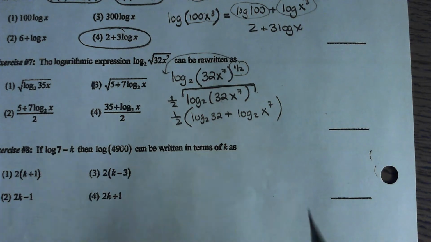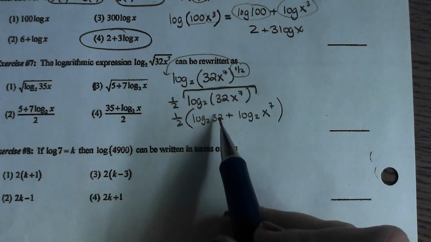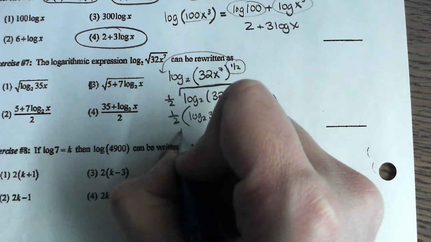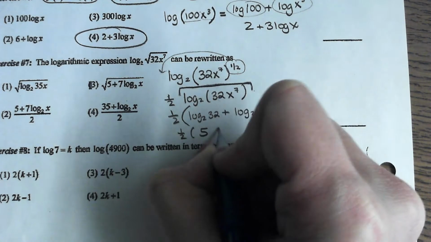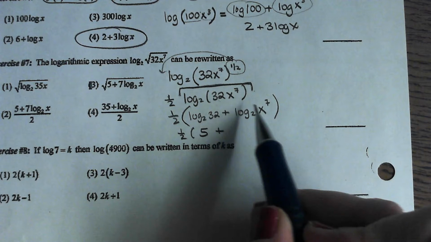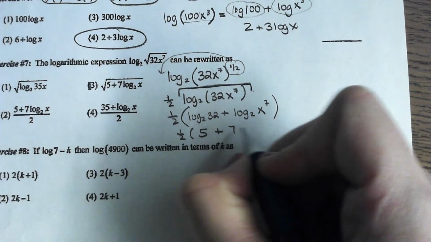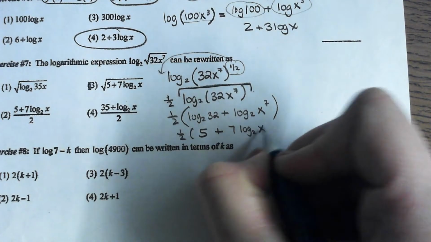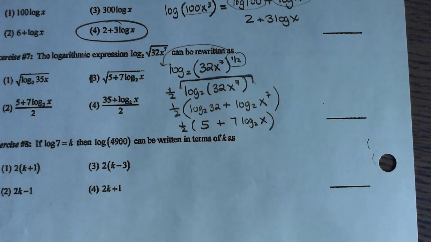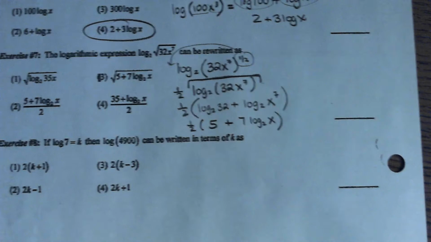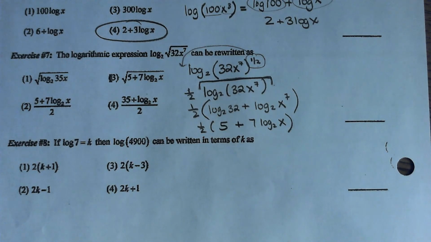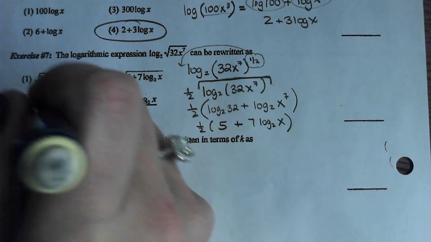And then once we're into there with the log base 2 of 32, we can just make that 5. And this one, we can just bring the 7 out in front. And which answer equates to that? 2, right? Having the whole thing divided by 2 is the same as having a 1/2 out in front. Good.